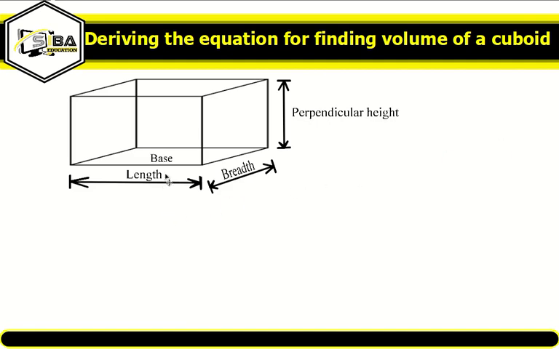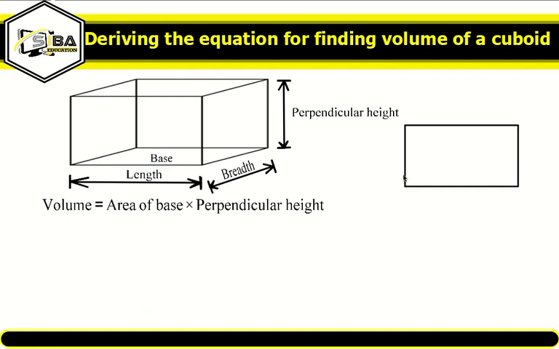As we just revised, the volume of any solid shape is given by area of base times perpendicular height. For a cuboid, its base is a rectangle. So where we have area of base, we can replace it with area of rectangle.